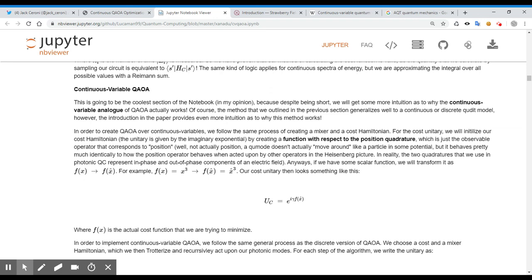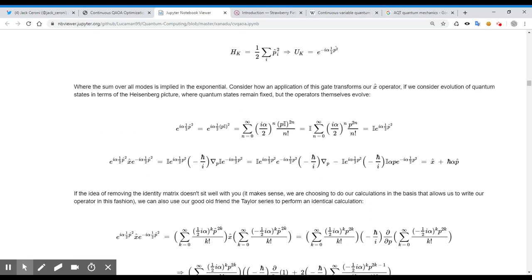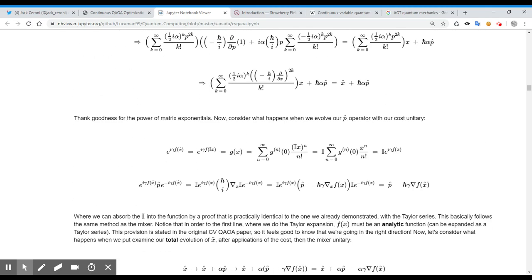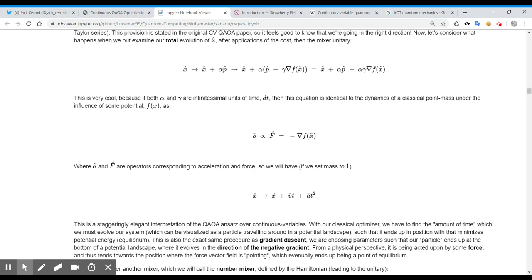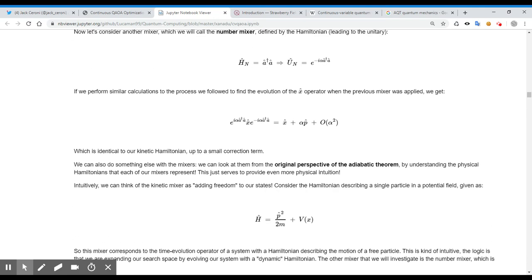Second, I'm not entirely sure what the goal of that section is, other than saying, okay, with CV-QAOA we basically use the position quadrature, but I'm not so sure why we can't use the momentum quadrature, the p quadrature. I mean, maybe that's what he's trying to prove here by talking through different mixers and proving that those mixers actually do what they're supposed to do, which is take us to the actual ground state.